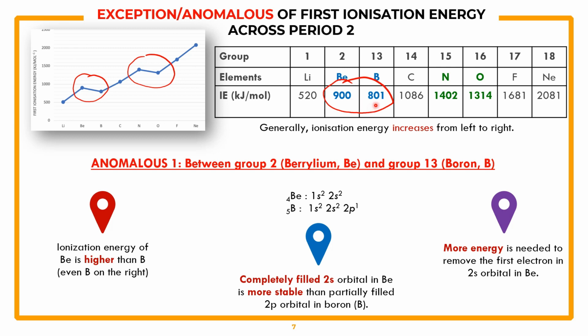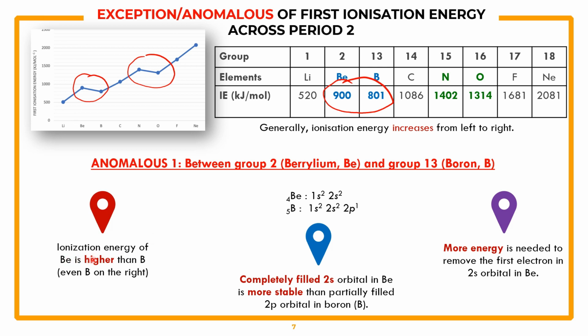Sepatutnya first IE untuk boron ini should be higher than the beryllium. Kenapa? Sebab boron kumpulan 13, atomic size of boron smaller than the beryllium. So we should expect sepatutnya first IE of the boron ini should be higher than the beryllium. Tetapi this value shows the reverse. Boron has lower IE than the beryllium. So that's why we can see a bit lekuk over here. Now, so what is the reason?